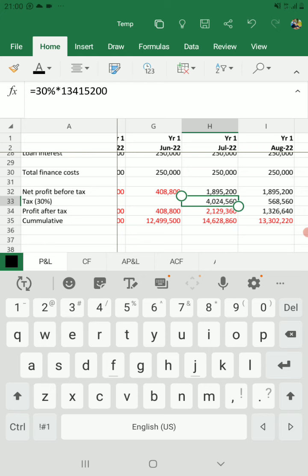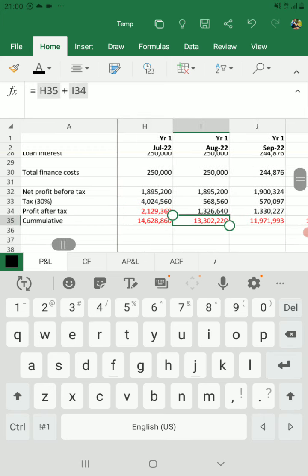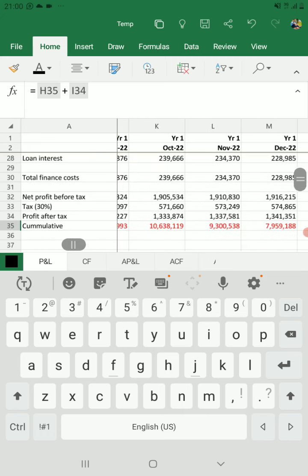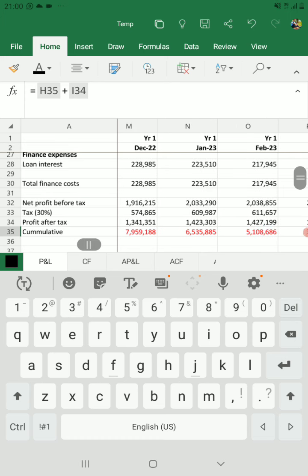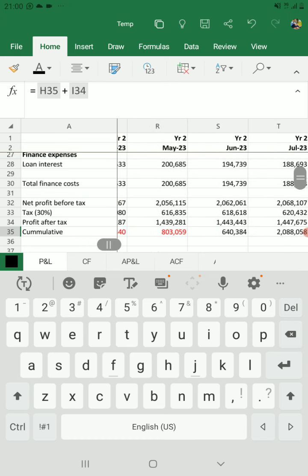Okay, so as you can see here, we still have cumulative loss after adjustments of our projected sales. So the cumulative loss figure is coming up to May.